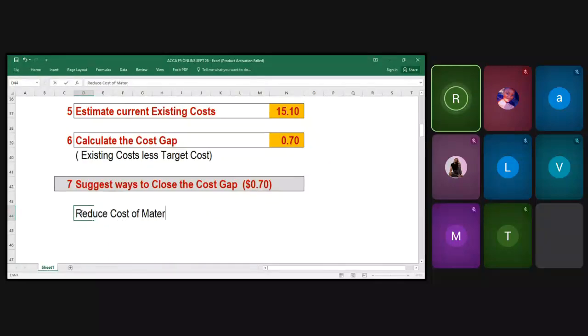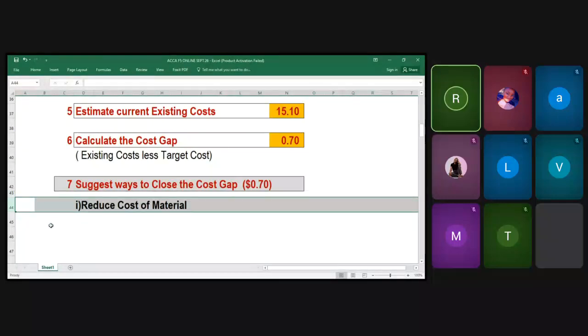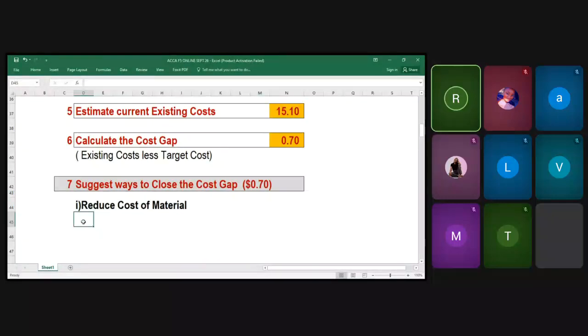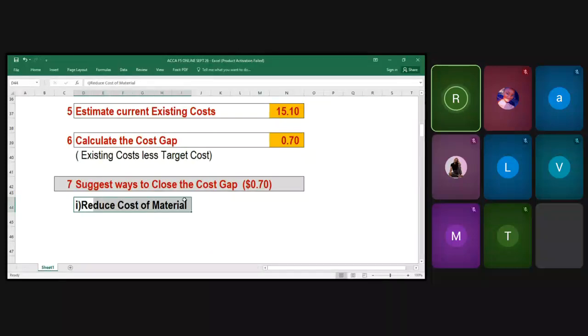So I'm going to give this one as a subheading because we have do's and don'ts when we want to reduce the cost of our material. It's not every way of reducing the cost that is acceptable. Some of the ways are not acceptable, some are acceptable. So we have to look at material in detail.